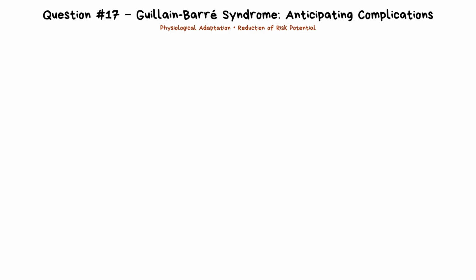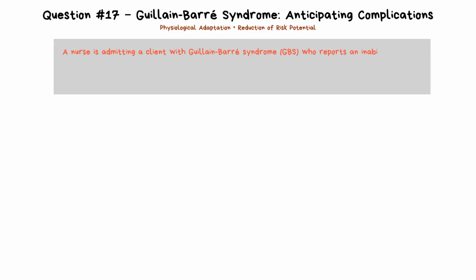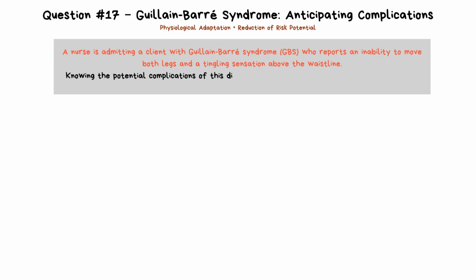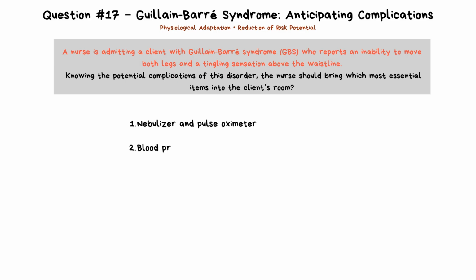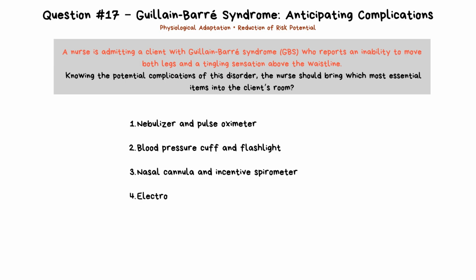Scenario: the nurse is admitting a client who reports an inability to move both legs and tingling sensations rising above the waistline. You already know that GBS causes ascending paralysis, so what should the nurse bring into the room right away? Options. Option 1. A nebulizer and a pulse oximeter. Option 2.